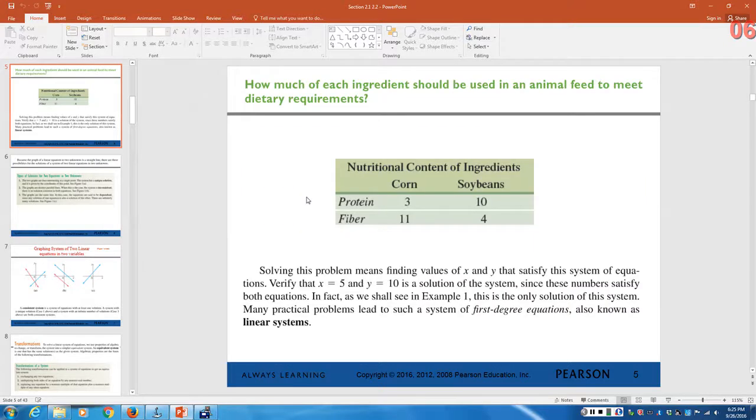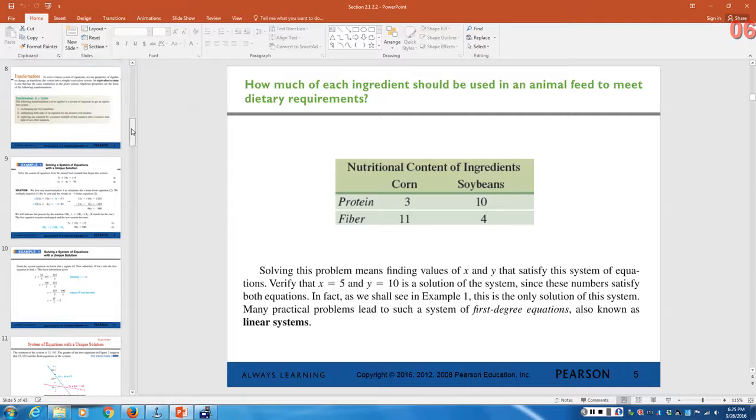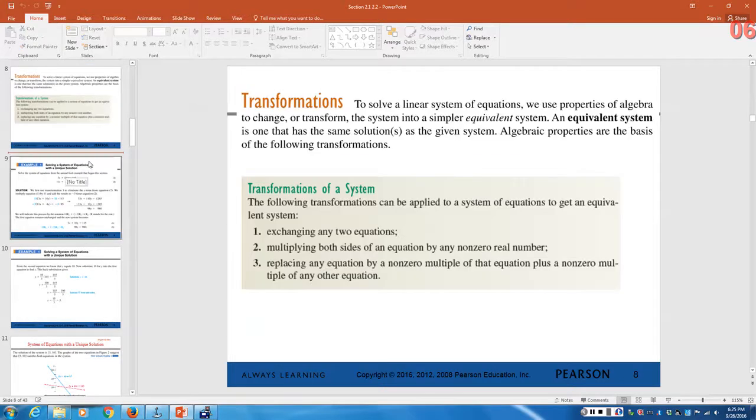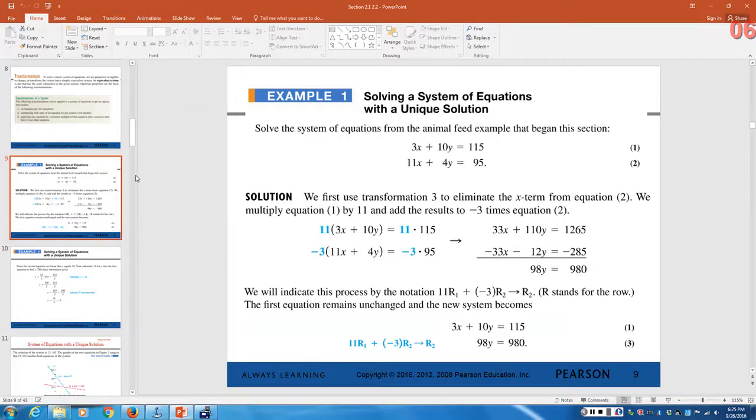So let's stop and verify that the solution to this system is what I said it was. This is how we're going to do it. We use something called transformations to change the equations around.